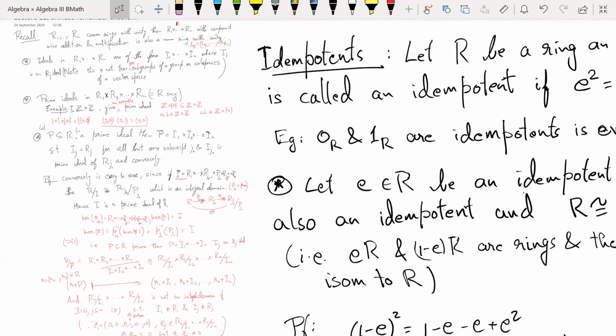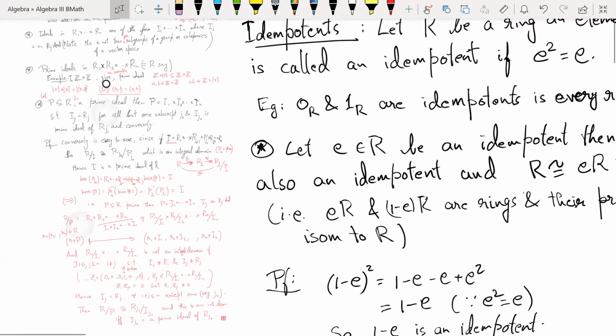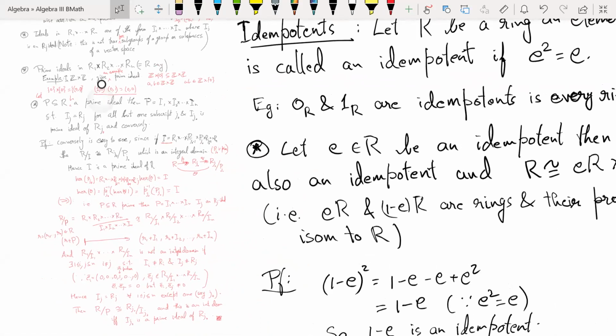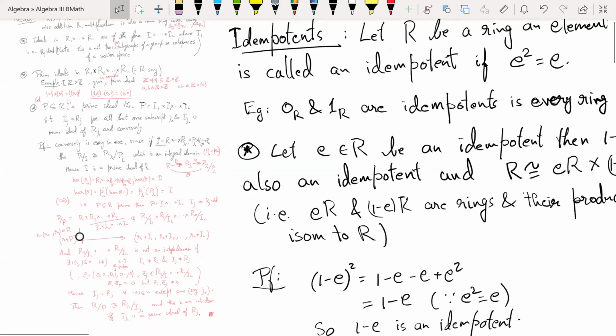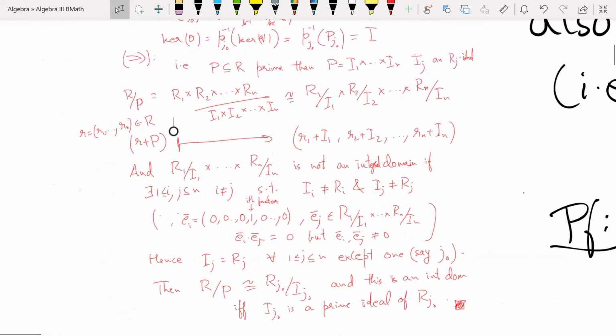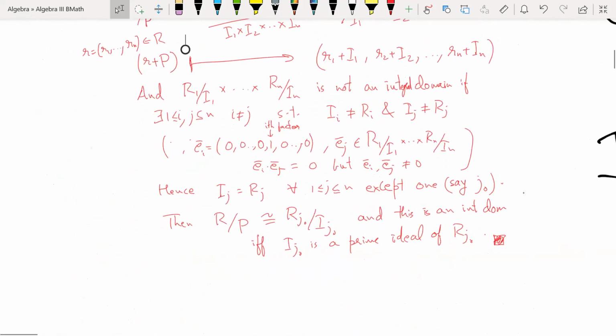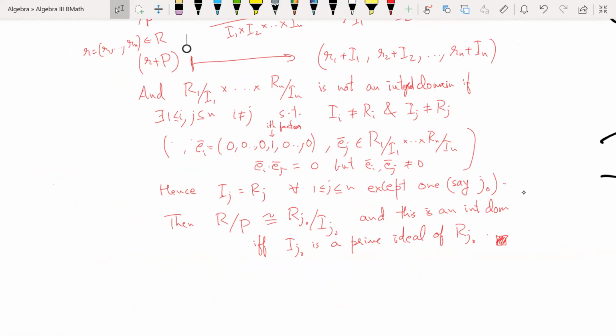Okay, so as you can see, these elements, the Ei's, Ej's, I'm using the same notation as you see in vector spaces. So these are some special elements. We'll talk about these elements now. These are called idempotents. Maybe before I go there, I'll just make this observation.